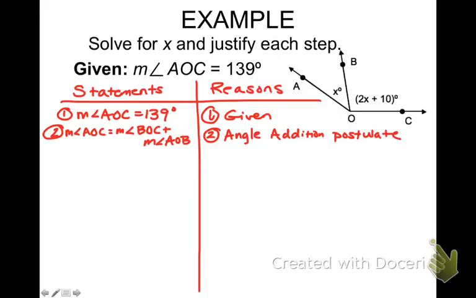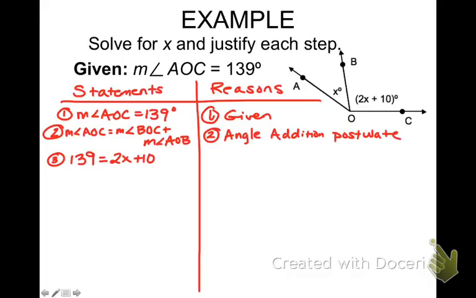Okay. So now that I have my angle addition statement, now we can substitute in the actual measures of everything we wrote there. Well, what is the measure of angle AOC? 139 equals the measure of BOC, 2x plus 10.